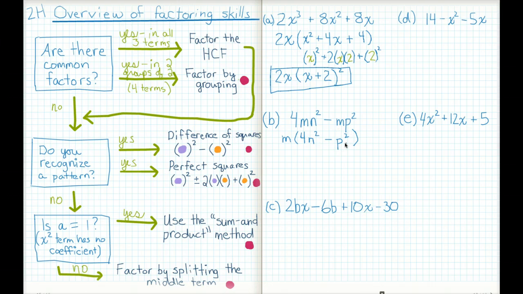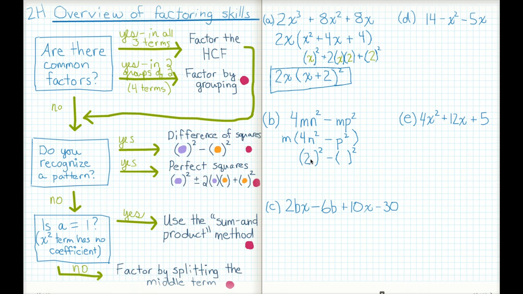Okay, now with what's in here, I should be able to factor further. Let's check. Do I recognize a pattern? Minus sign, and there's only 2 terms. So let's see if we can put this into the difference of squares pattern. Can I subtract 2 things that have each been squared?